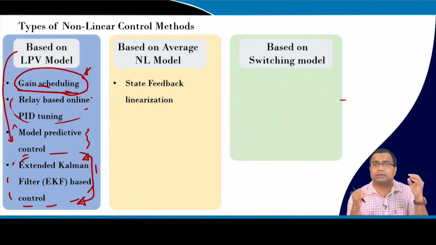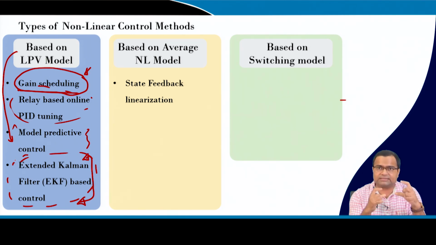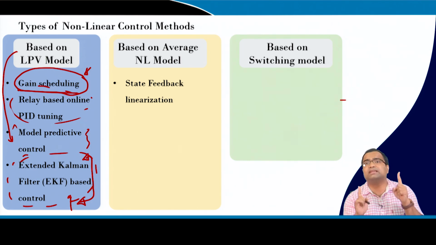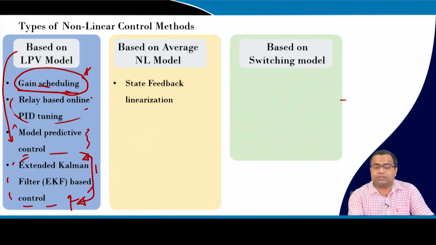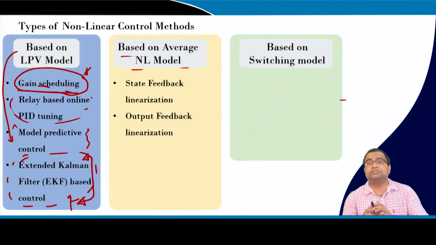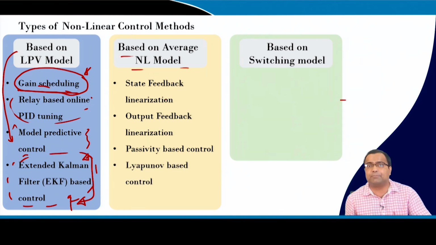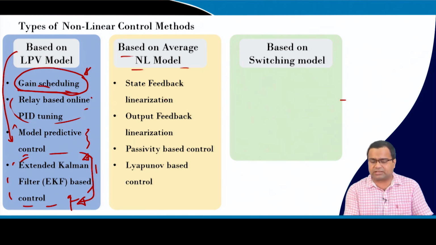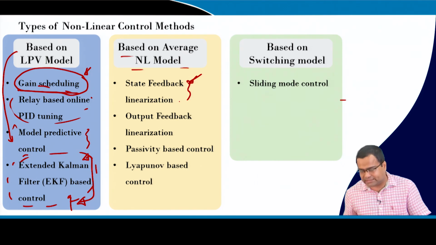So, it is an extended Kalman filter, that means linearize around it, consider the nonlinear average model. For the model based average model, you can use state feedback linearization, full state feedback, output feedback linearization, passivity based control, Lyapunov based control, and there are many other control techniques. So, I am just touching these two, I will discuss these two techniques in the subsequent lecture.